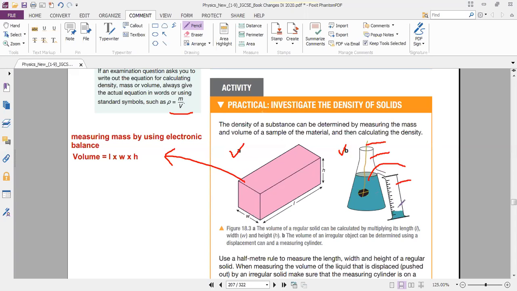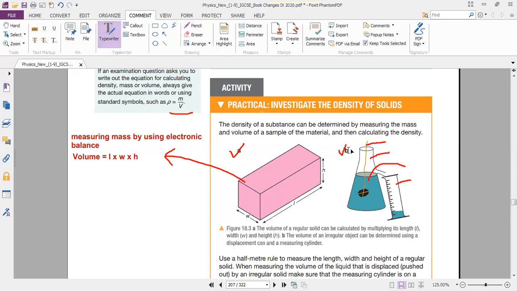The volume of water overflowed equals the volume of the irregular shaped object. I repeat again, the volume of the water overflowed when you submerge this irregularly shaped object into the displacement can filled with water, measured by the measuring cylinder, is the volume of the irregularly shaped object.